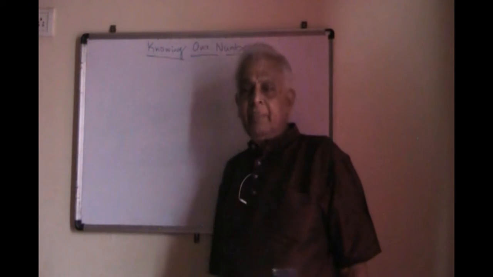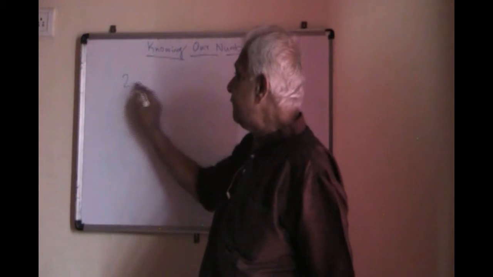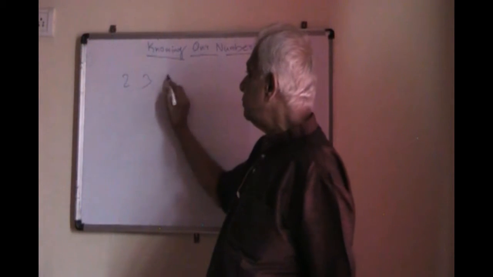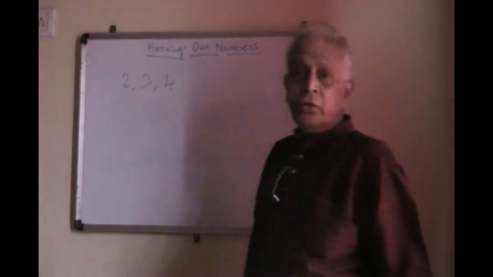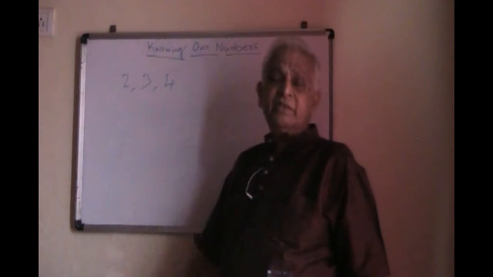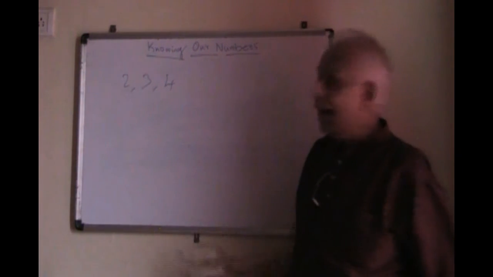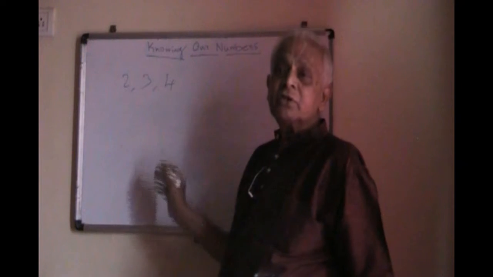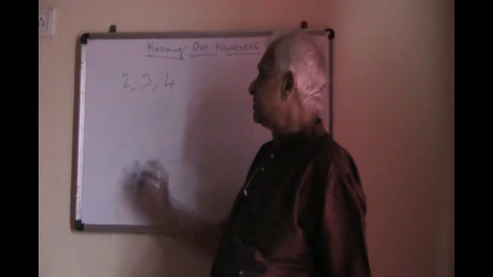Following example. You are given 3 digits. Say for example 2, 3, 4. Out of which you can find out which could be the smallest and which will be the highest, and how many numbers you can form with the usage of these digits.